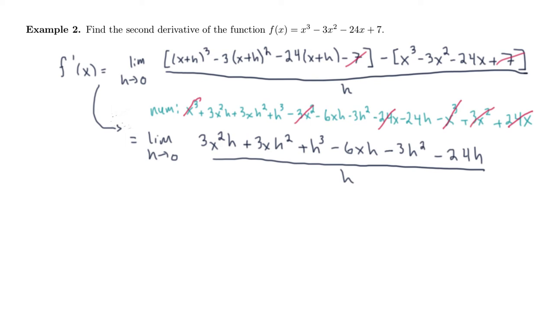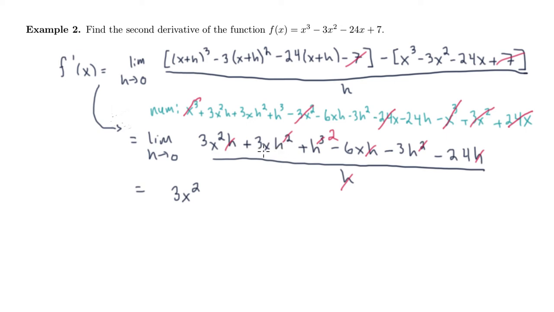Okay, and let's cancel one factor of h. As we kind of expected, everything was going to have a factor of h. But now if we take h to 0, well, 3x squared, that doesn't have an h, so that's left. This still has a factor of h, so that goes to 0, 3xh.